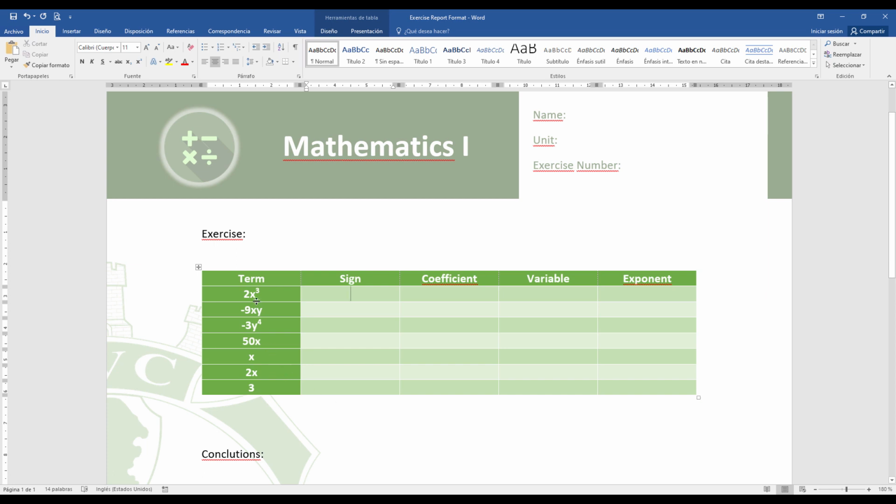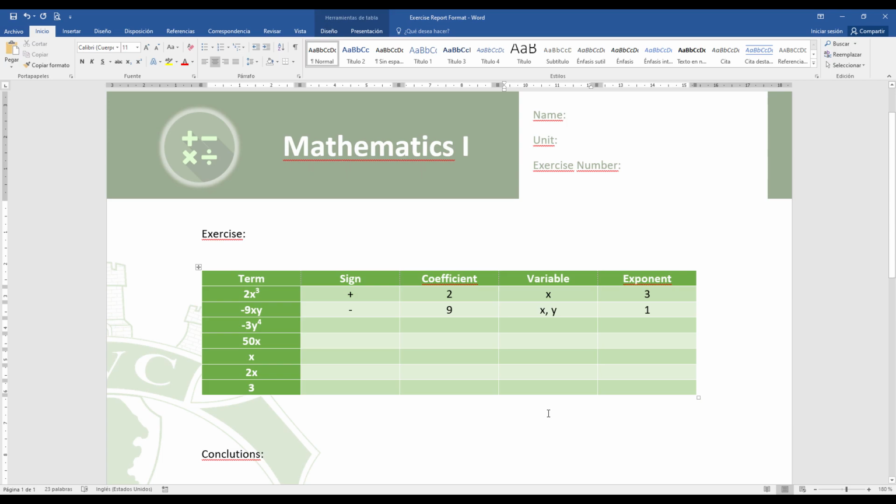For example, here the first, 2x cubed, sign is positive, coefficient 2, variable x, exponent 3. The next one, you have a minus sign, coefficient 9, variable, you have 2 variables here, and the exponent is 1. Okay, so you will solve the rest.